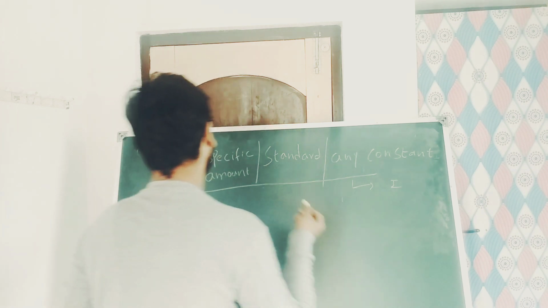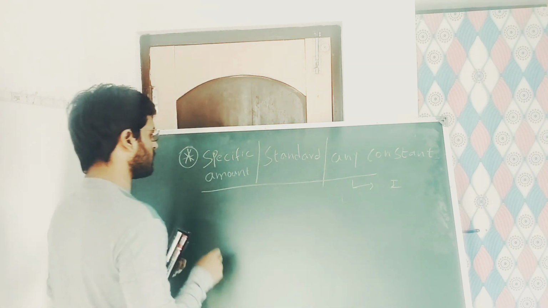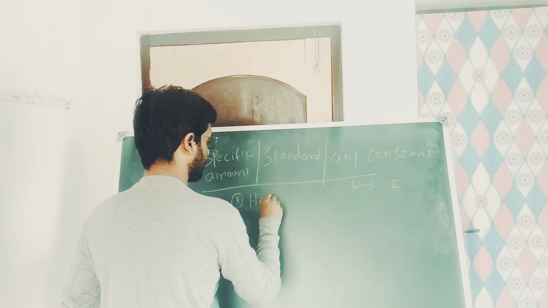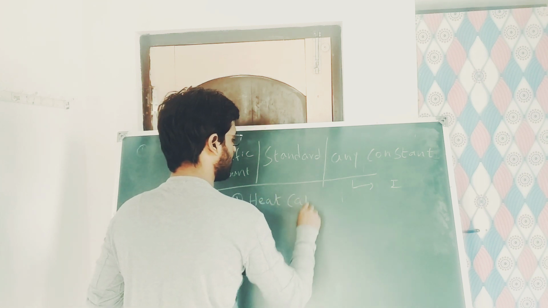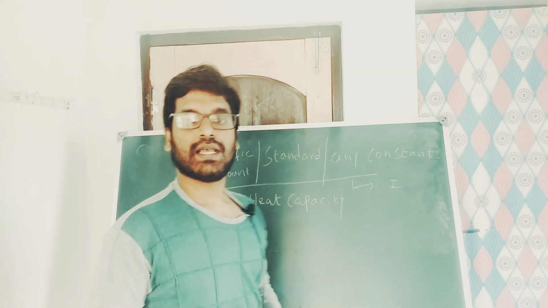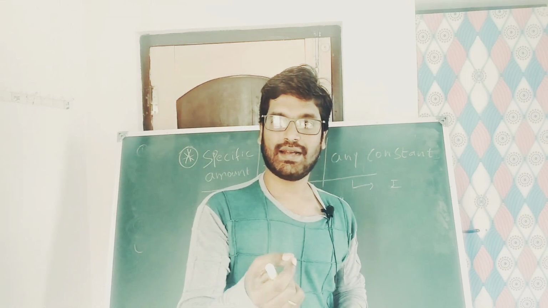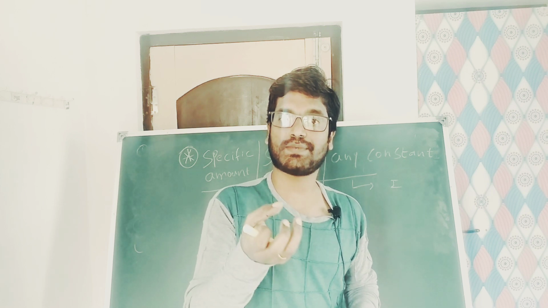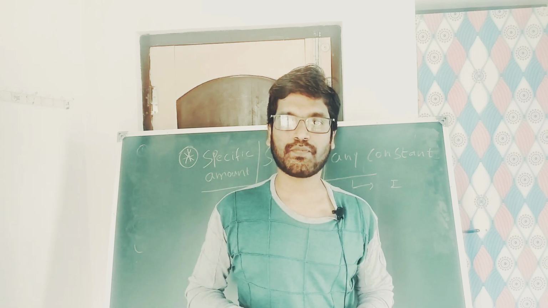For example, what about the specific amount? Suppose I am taking heat capacity. What is heat capacity? The amount of heat required to raise the temperature of a substance by 1 degree Celsius, right?